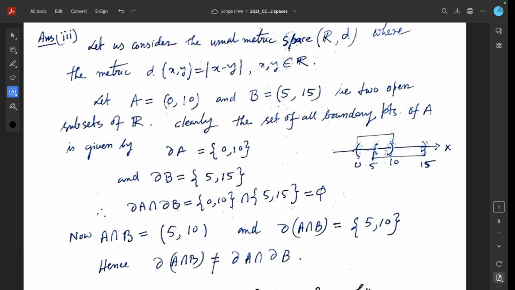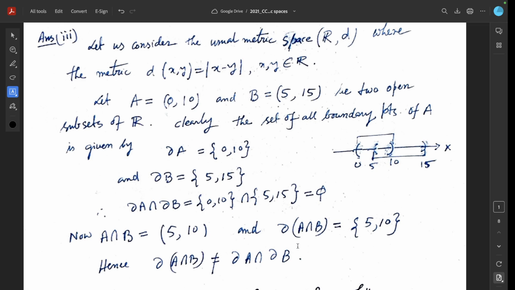So ∂A intersection ∂B is the null set, because between these two sets there are no common points.